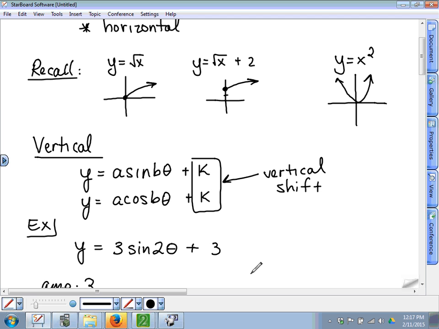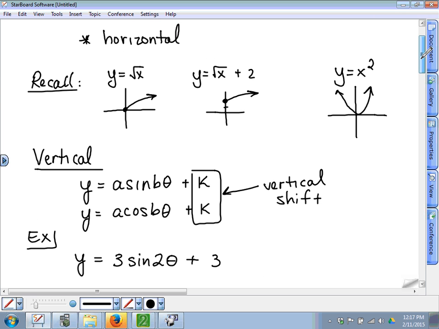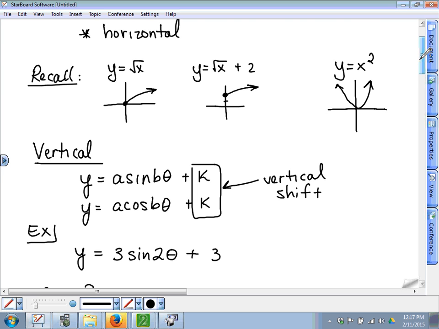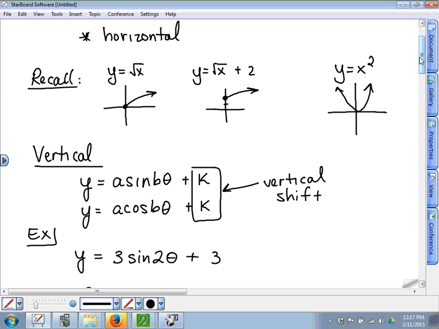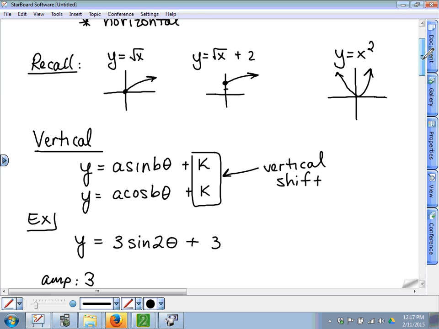So it starts the same way as the others that we've done today. You find the amplitude first. Well, I guess you don't have to find it first, but it's probably the easiest thing to find. Amplitude on this problem. What are you thinking? Probably 3. You're right, it's 3. No big surprise there. It's just the number in front of the trig function. Here we have a 3.